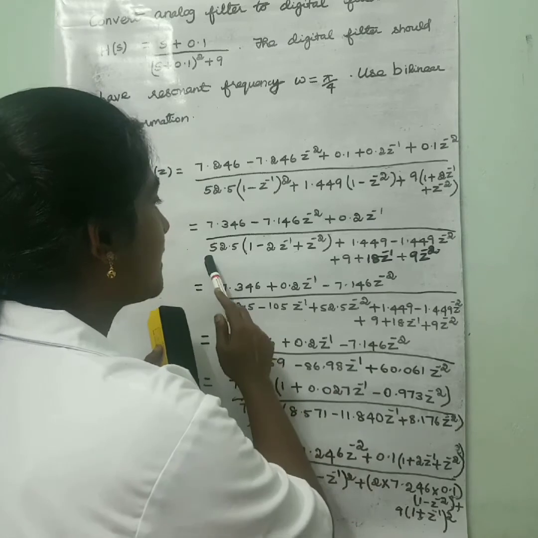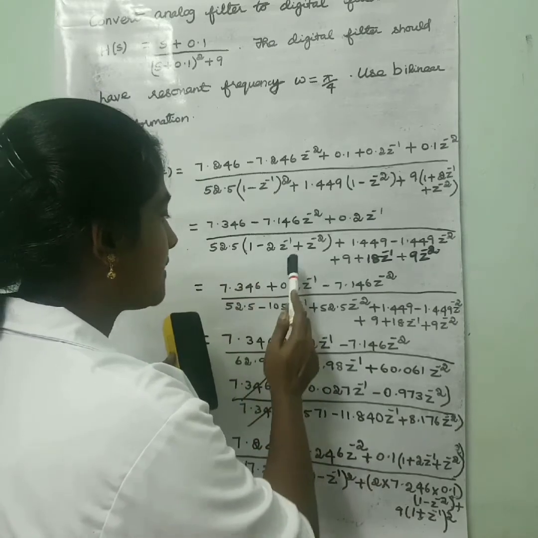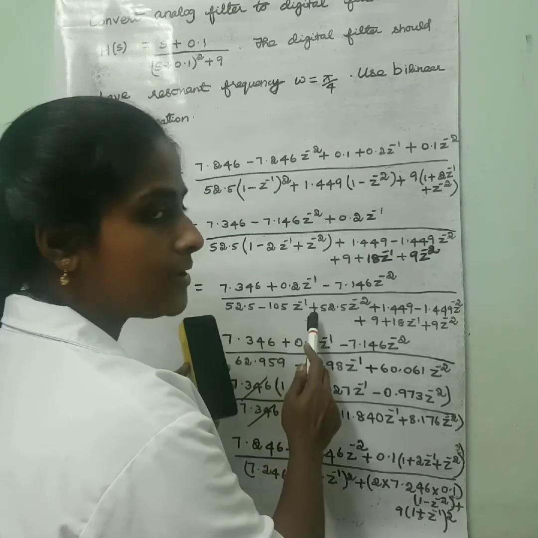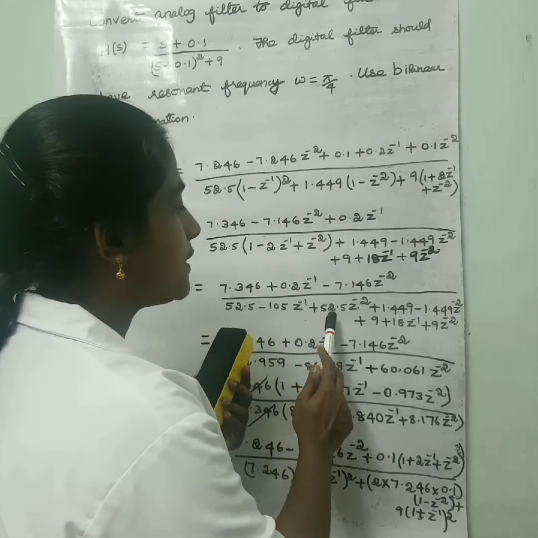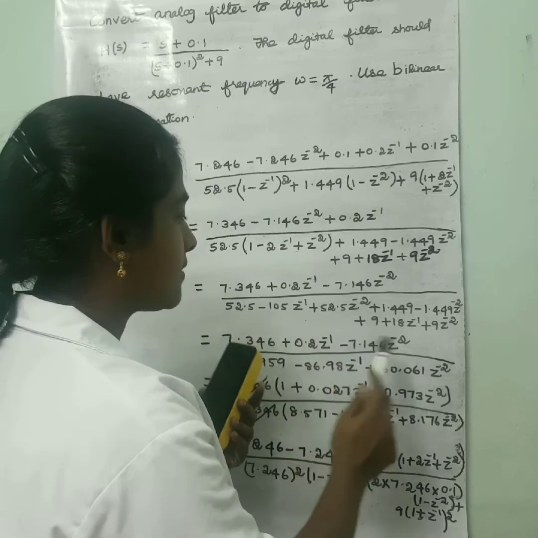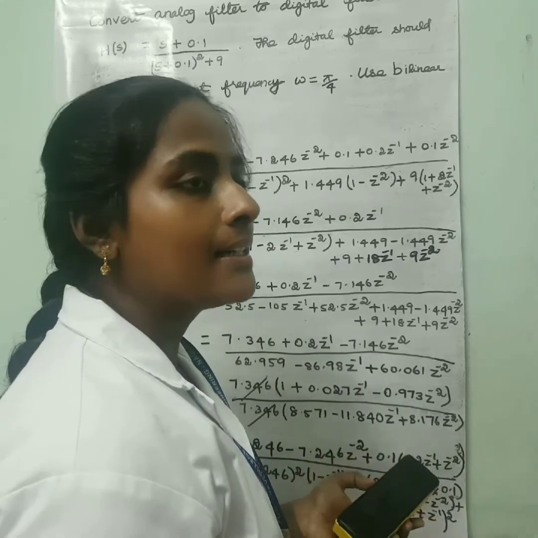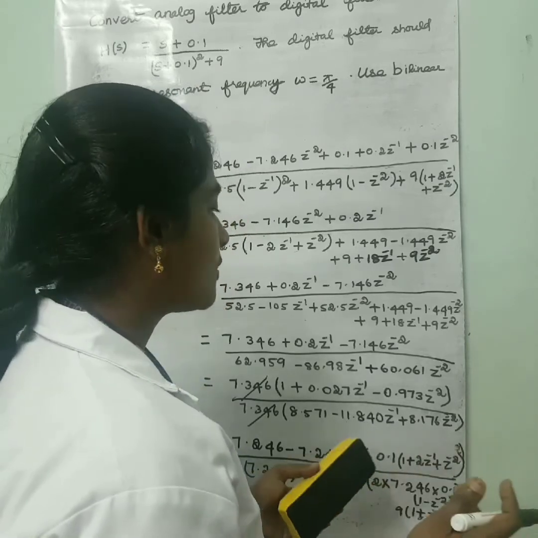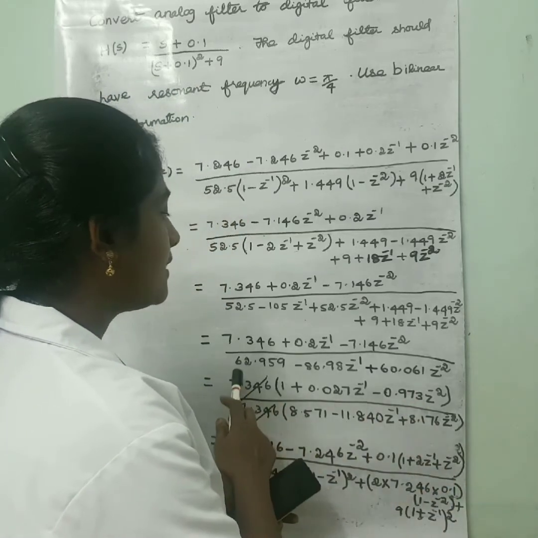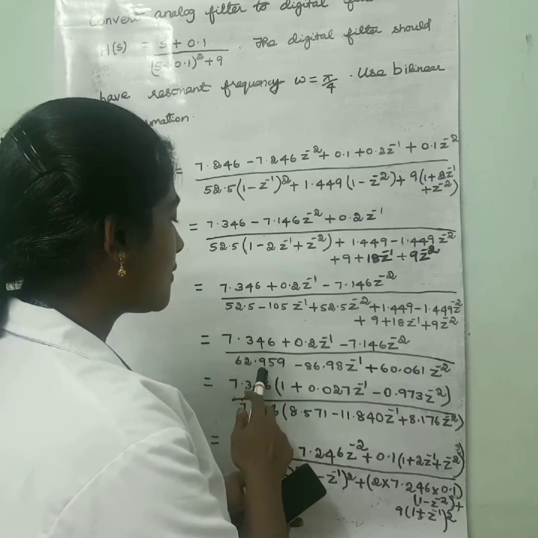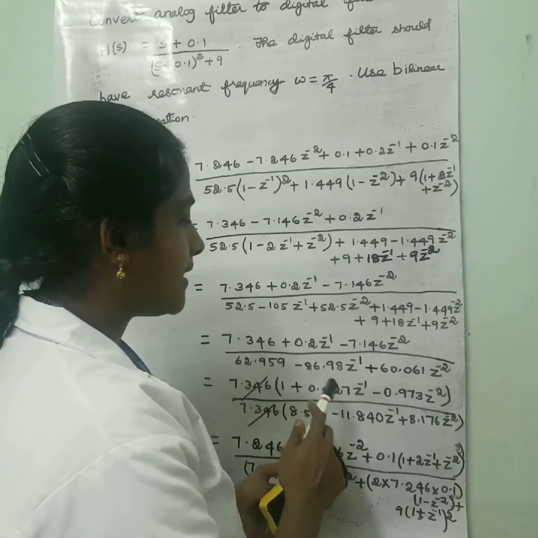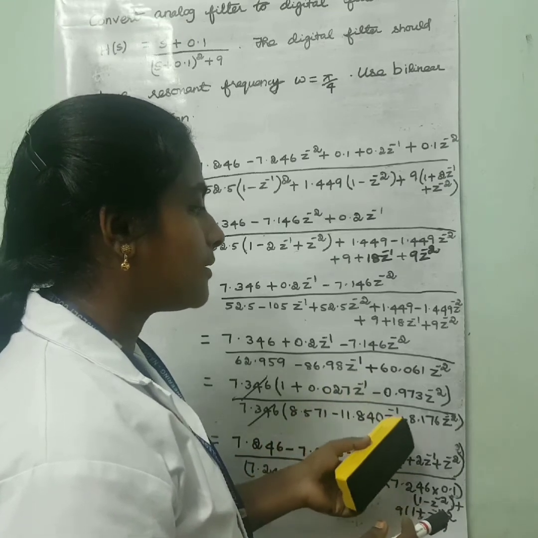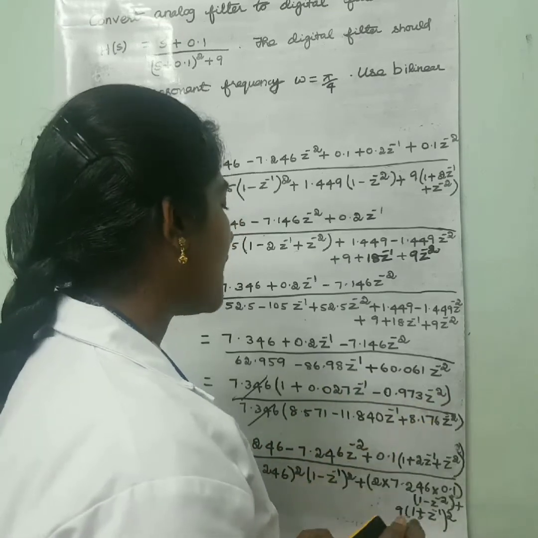Next step, you can multiply this 52.5 inside. So you will get 52.5 minus 105 into z power minus 1 plus 52.5 into z power minus 2. Next you can add the constant term, the z power minus 1 term and the z power minus 2 term separately. So you will get in the denominator 62.959 minus 86.98 into z inverse plus 60.061 into z power minus 2.